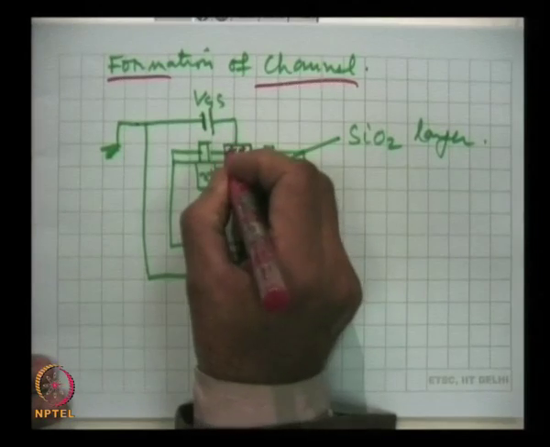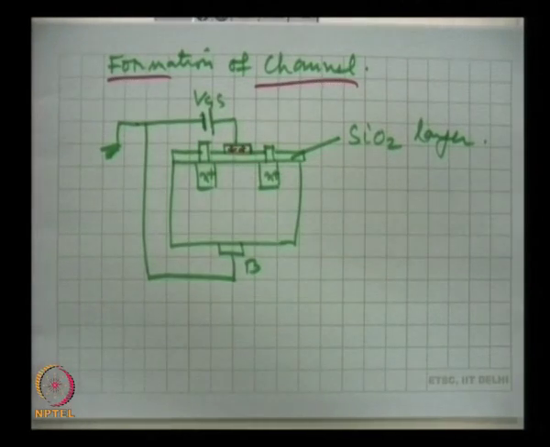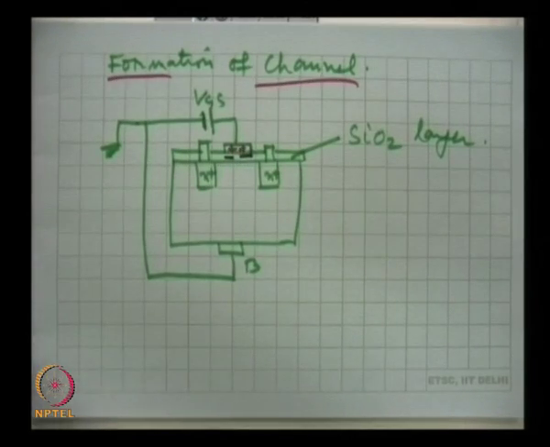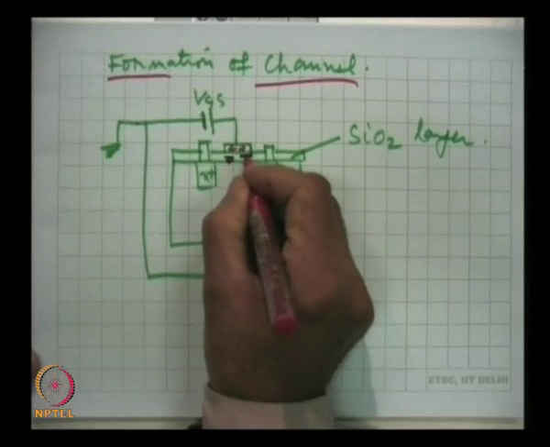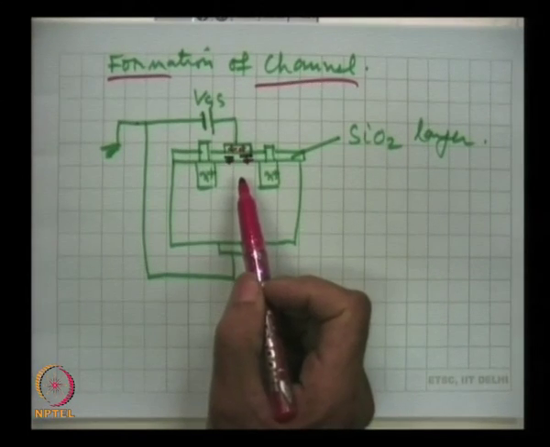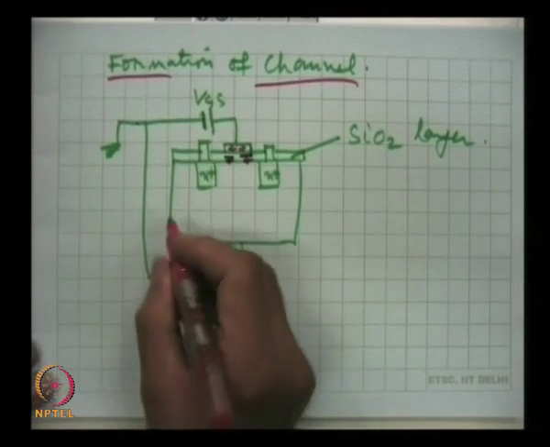So, here negative and positive charges, they will be on the two sides of the insulating layer. So, what will this positive charge do? This is a P substrate.